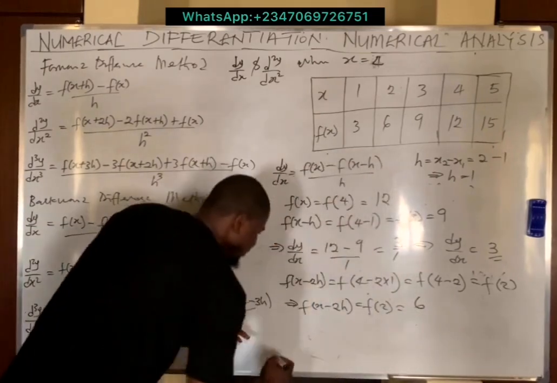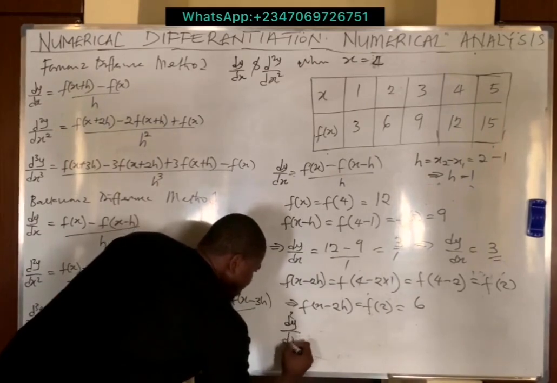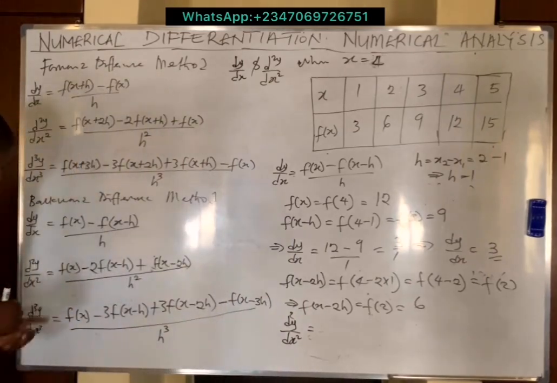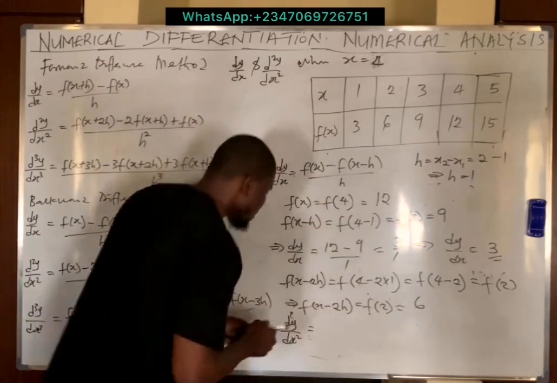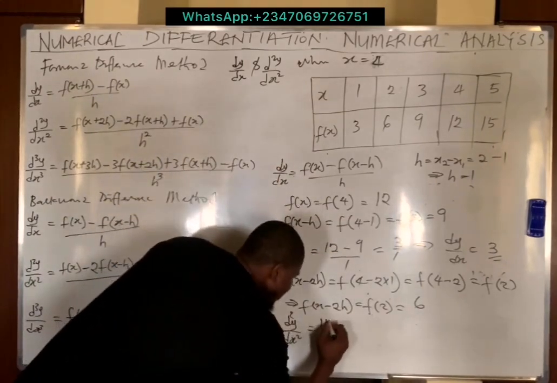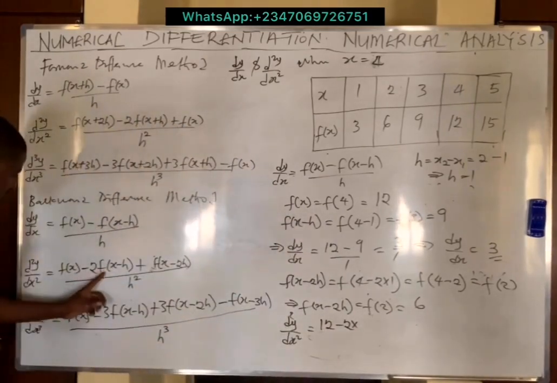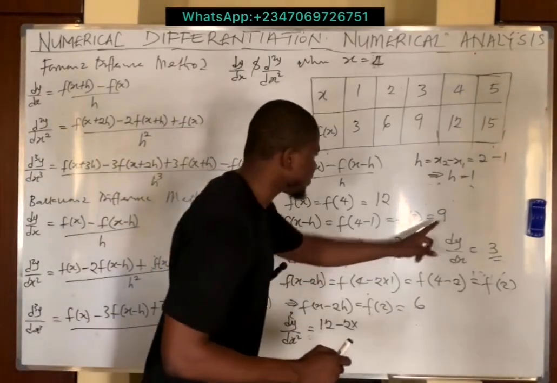So with this, you can now find your second derivative, d squared y over dx squared. This is going to be equal to, from the formula, f of x, which has the value 12. So you put it down: 12 minus 2 times f of x minus h. And you know what f of x minus h is? The value is 9.